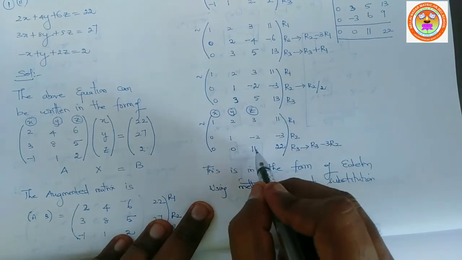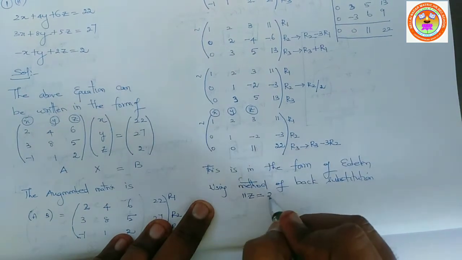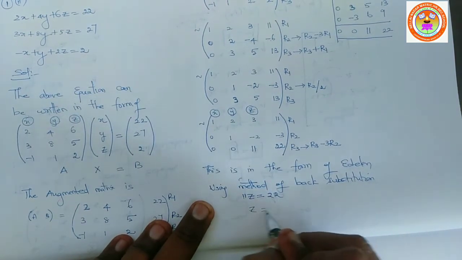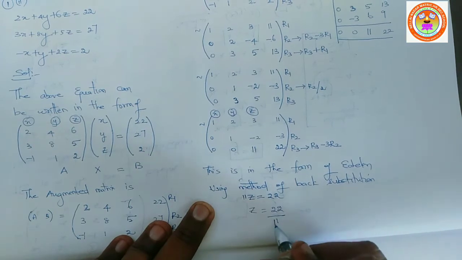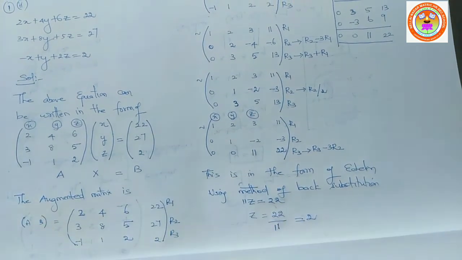So back substitution means 11 into z is 11z is equal to 22. You know z is equal to 22 by 11. We get the answer as 2.